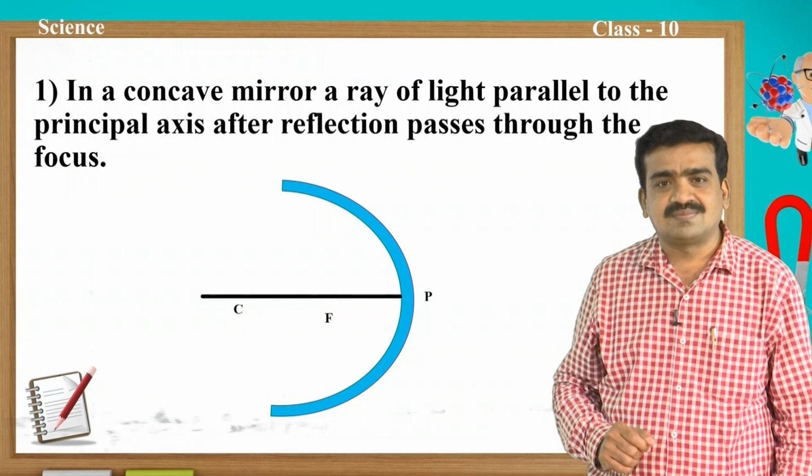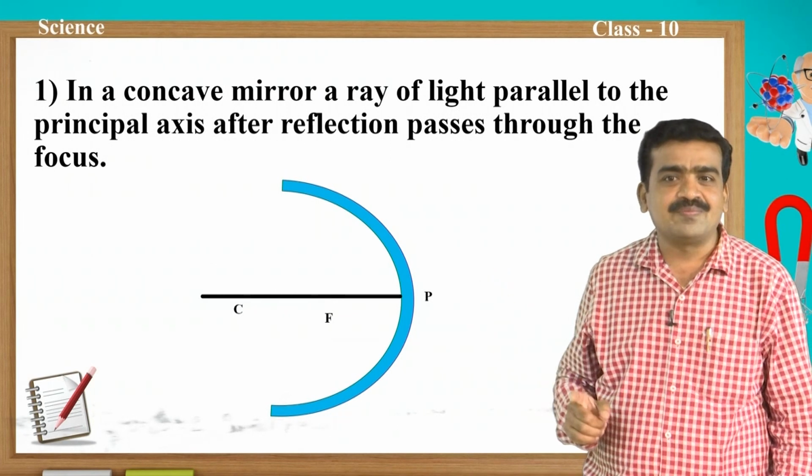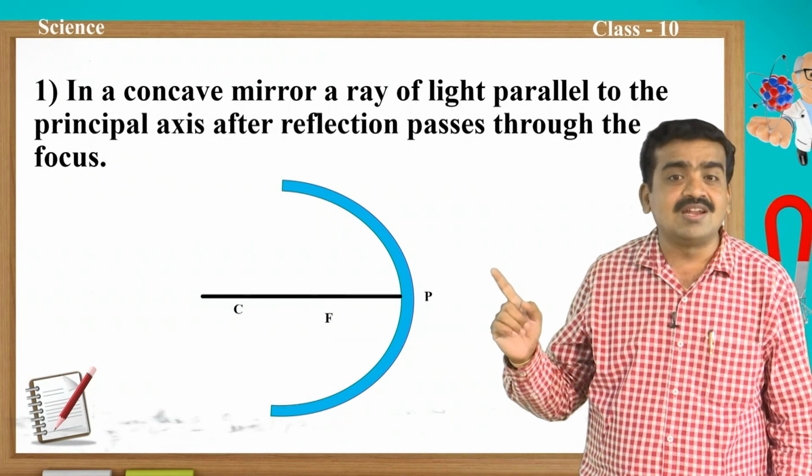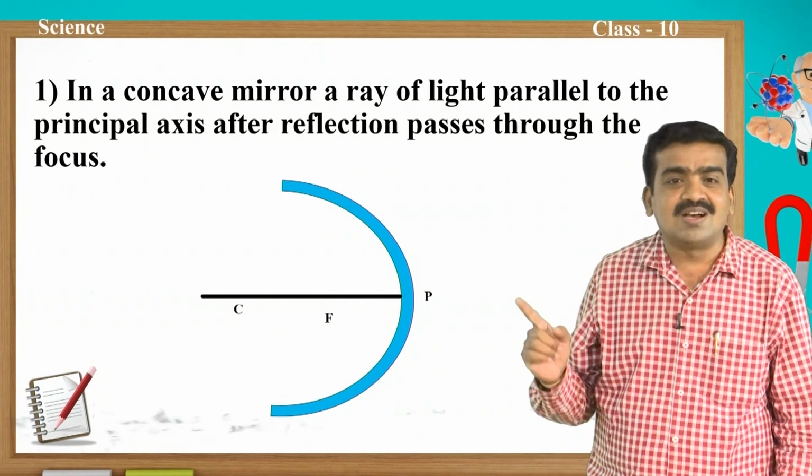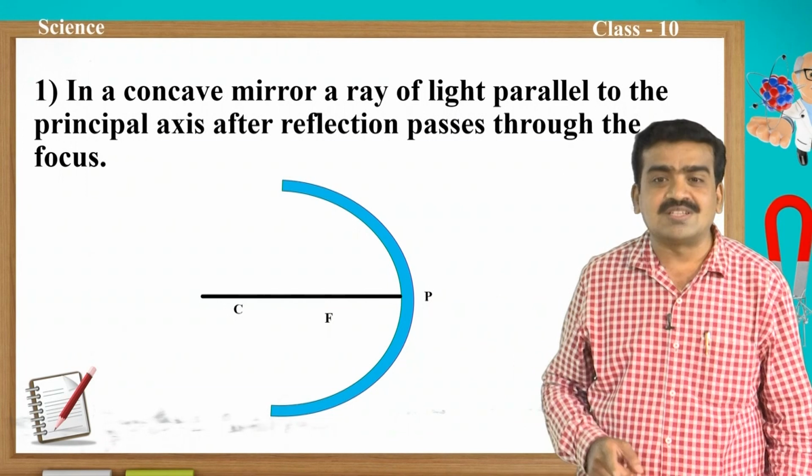My dears, in a concave mirror, a ray of light parallel to the principal axis passes through the principal focus after reflection.